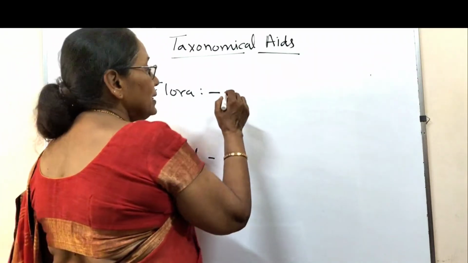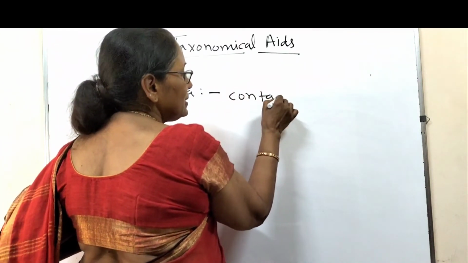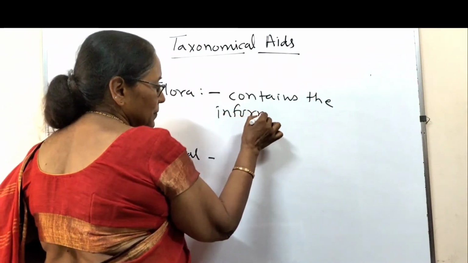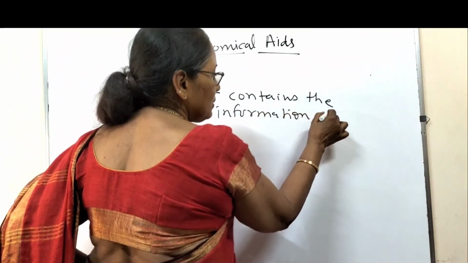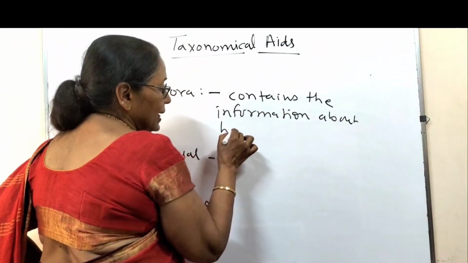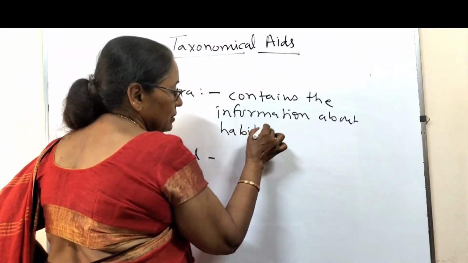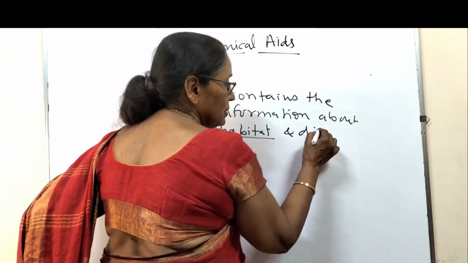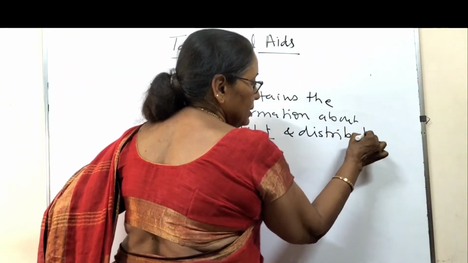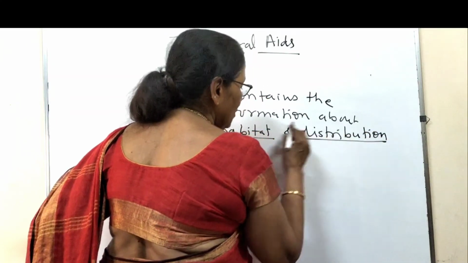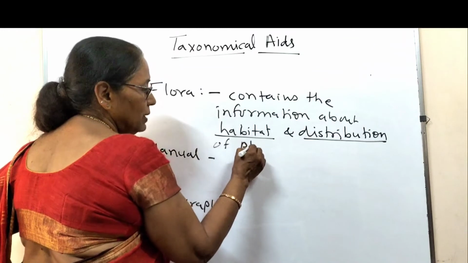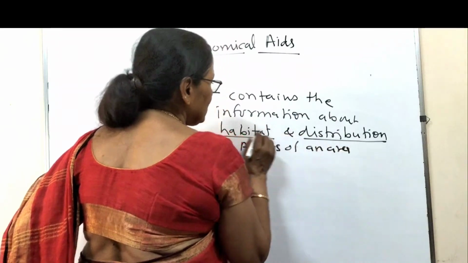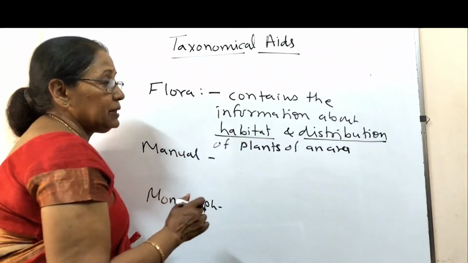It contains the information about habitat and distribution, और एक NEET का question, about habitat and distribution of plants of an area. Okay, so it is the information about habitat and distribution.